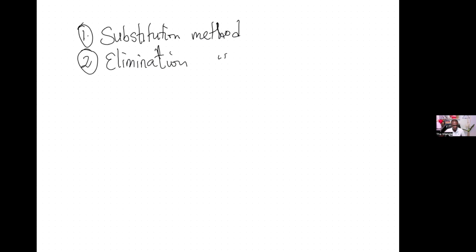And the graphical method. Now, when you go over to grades 10, 11, and 12, you might have an additional method, which is the determinant method. But we'll be focusing on these three for now. So, like I said, on today's episode, we'll be dealing with the substitution method.